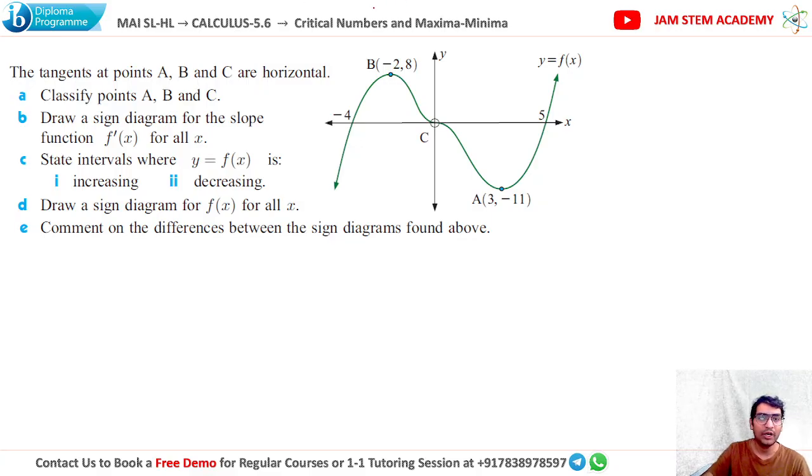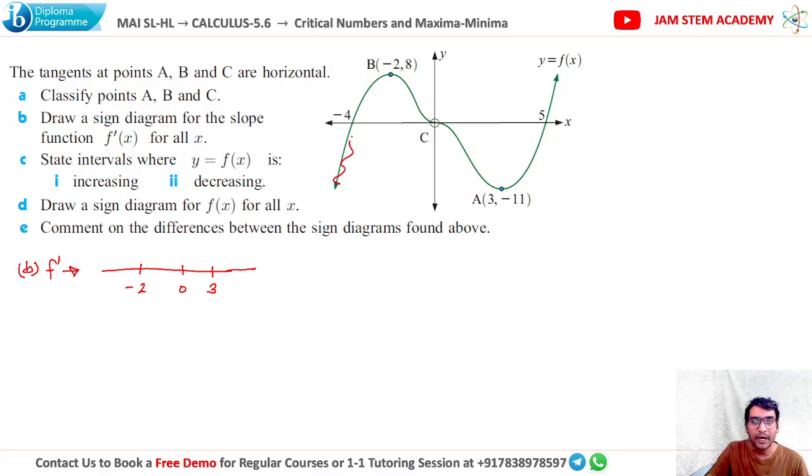Second is draw a sign diagram for the slope of the function f prime x for all values of x here. So for that, first I need my points. This point B is -2 for the values of x, then at C it is 0 and at A it is 3. So for this, the sign of f prime will be as follows.